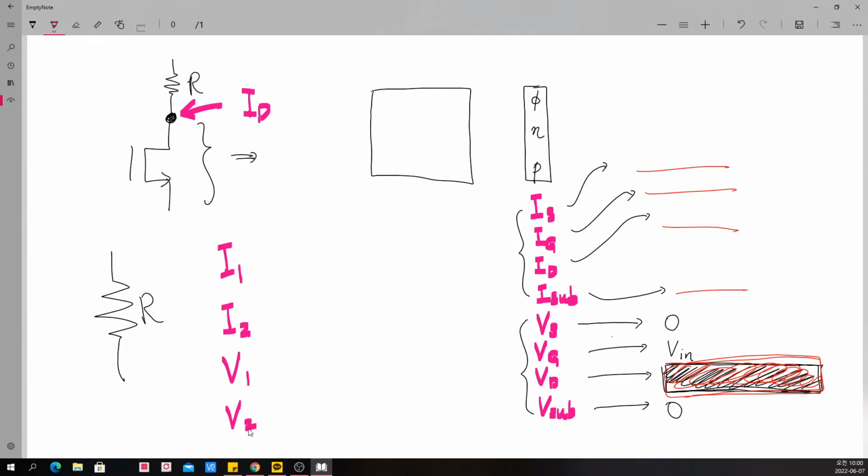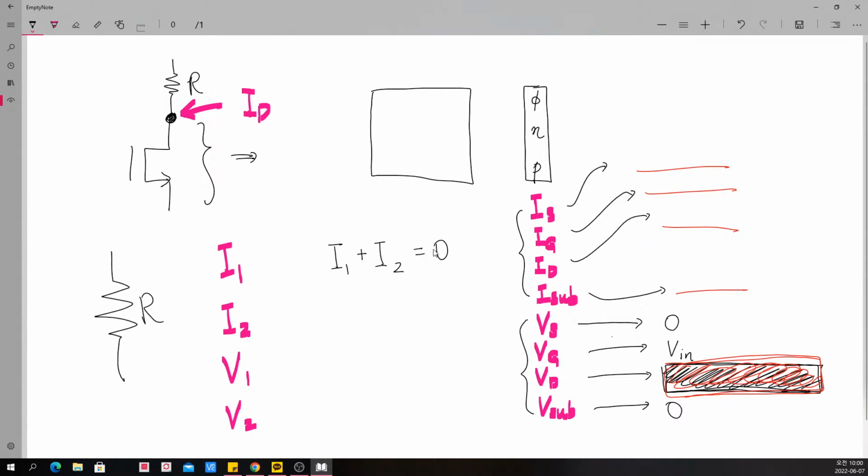Of course, you may say, okay, Professor, we don't have to have these two different values for I1 and I2, because I1 and I2 always have the same absolute value and should have different signs, because the sum of I1 and I2 should be 0. Okay, you are right. However, instead of explicitly specifying that or eliminating one of them, let me just introduce this rule: the sum of I1 and I2 should be 0.